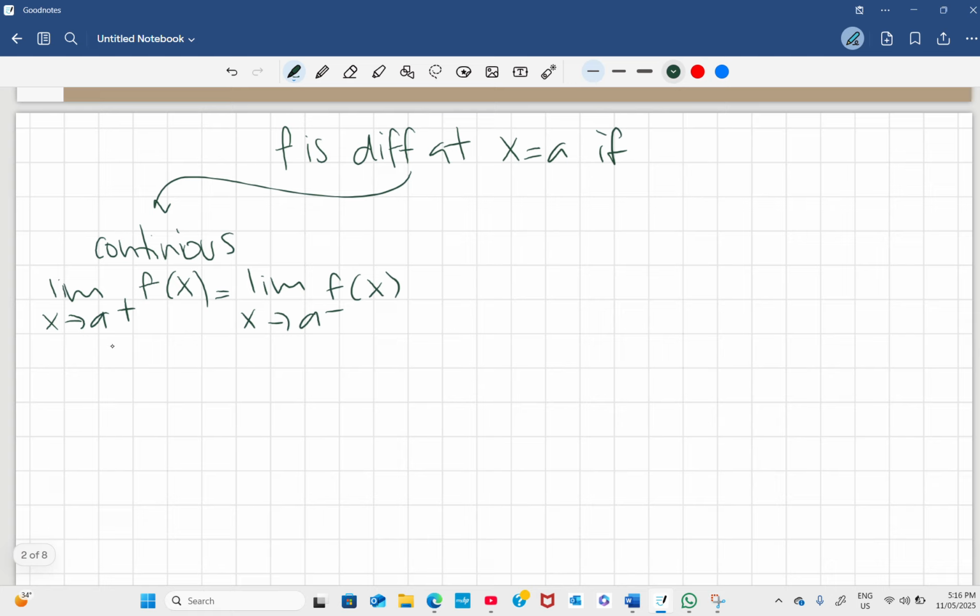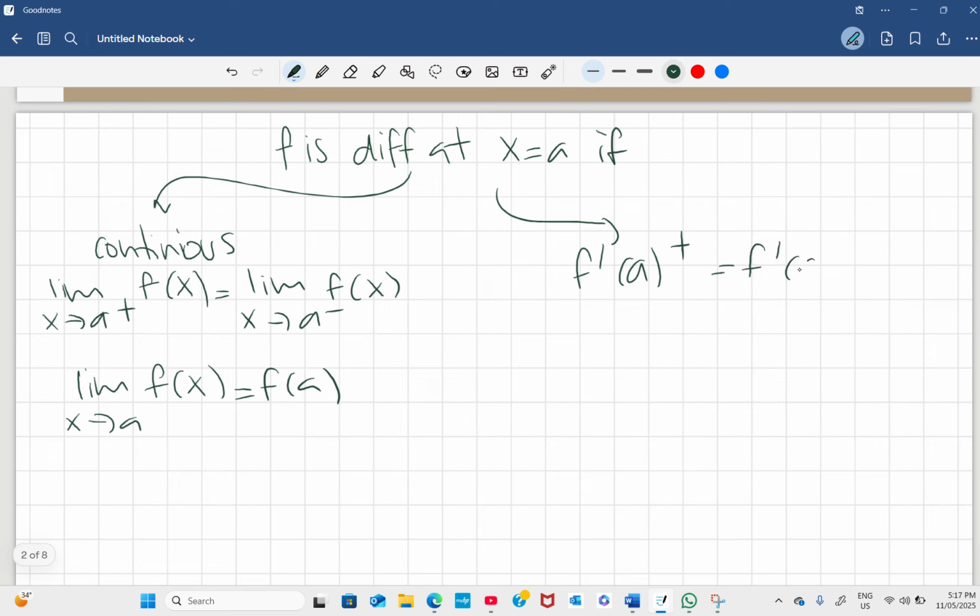And this equals f of a, we already know that. Okay, and then f prime of a from the plus side is equal to f prime of a from the minus side. So the derivative at a from the right side is equal to the derivative at a from the left side. So let's try to solve a question.